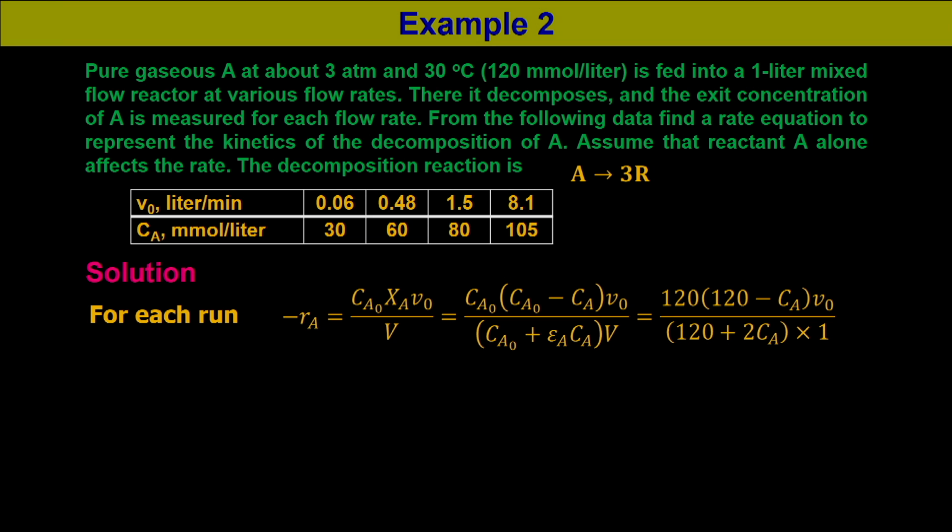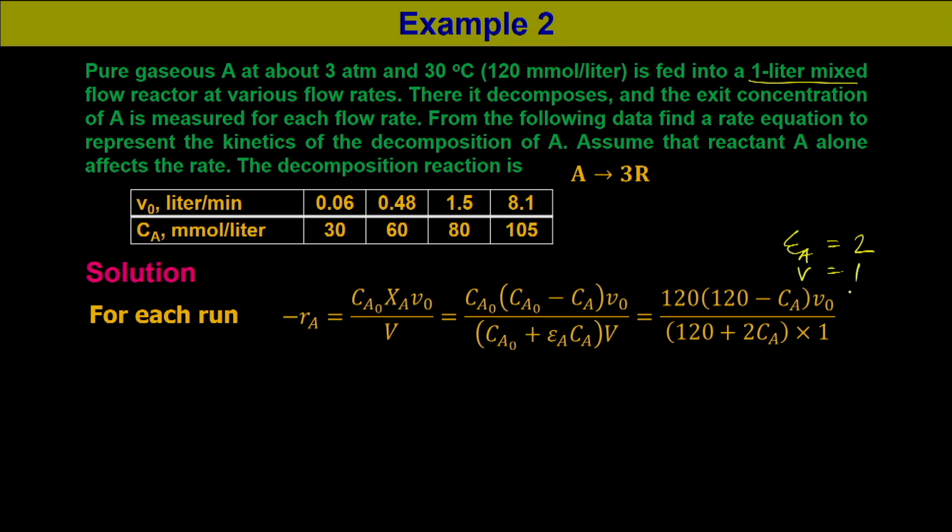As we know, for the reaction given, we can write minus r_A equal to C_A0 into X_A into v0 by V, which we can write as C_A0 into (C_A0 minus C_A) into v0 divided by (C_A0 plus epsilon_A C_A) into V. So, if we substitute the values, minus r_A is equal to 120 into (120 minus C_A) into v0 divided by (120 plus 2 into C_A) into V, where the volume of the reactor V is given as 1.